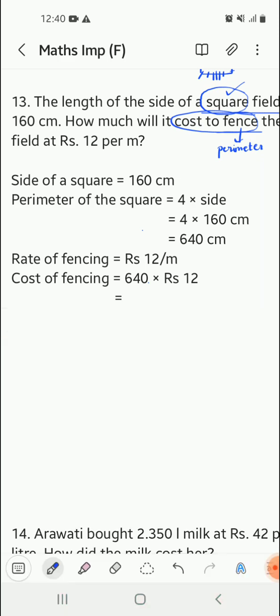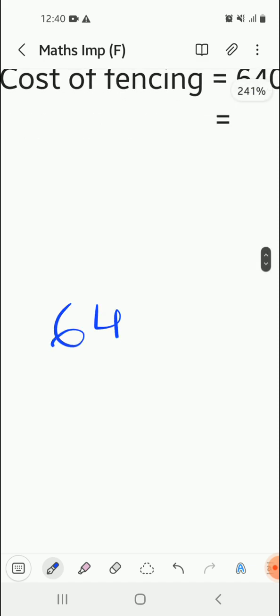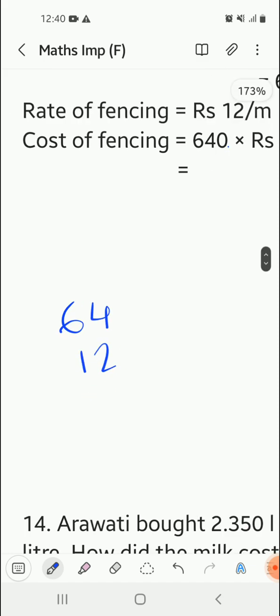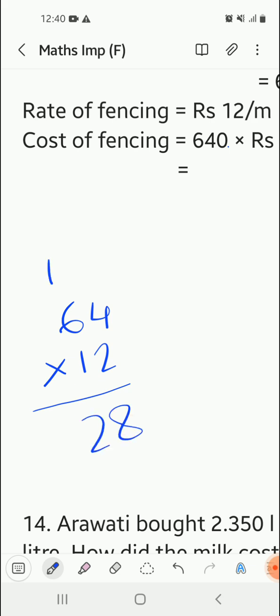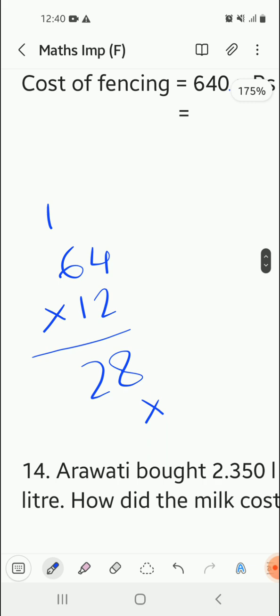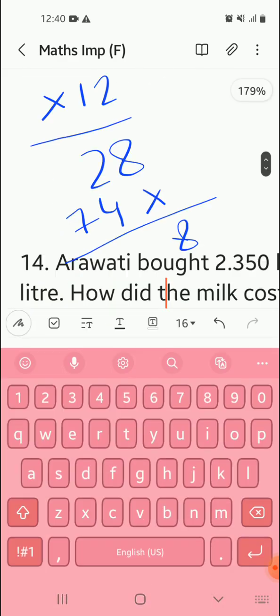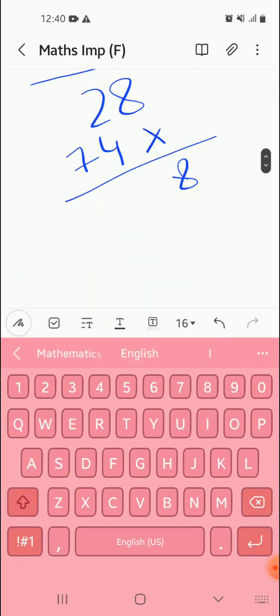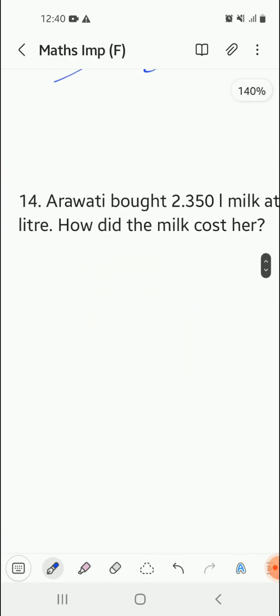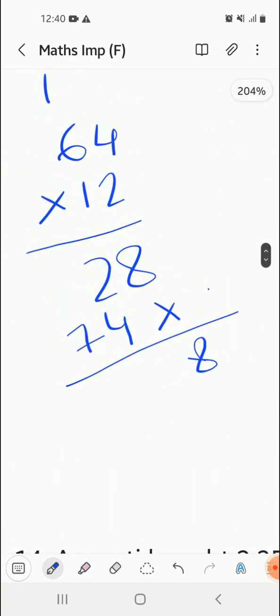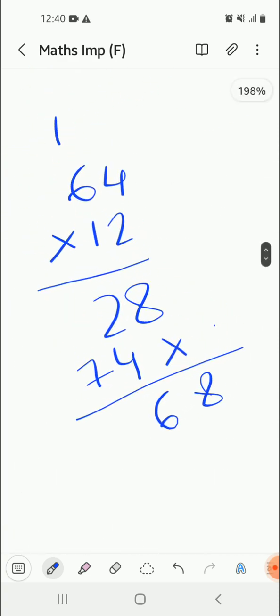Let's calculate first. 640, we write only 64 and 12. 4 into 2 is 8, 6 2s are 12, 4 1s are 4, 6 1s are 6 and 7... 4 plus 2 is 6 and 7.